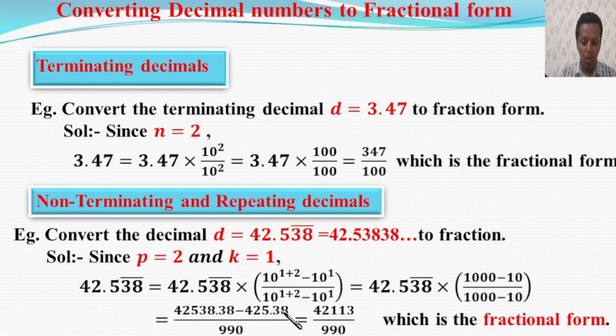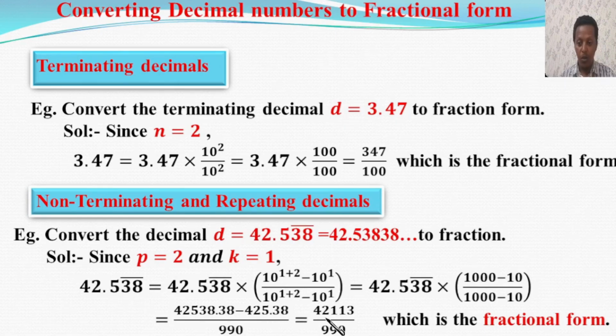So when you subtract 3 minus 3, 8 minus 8, every digit after the decimal point will be 0. So when you subtract, you will get 42,113. You can check it. Over 1000 minus 10, which is what? 990. So we convert the decimal form into what? Fractional form.